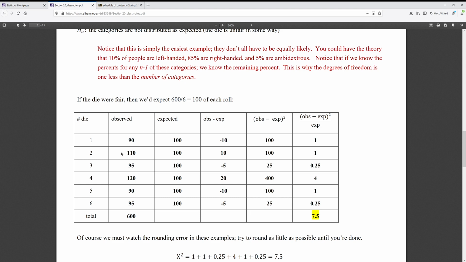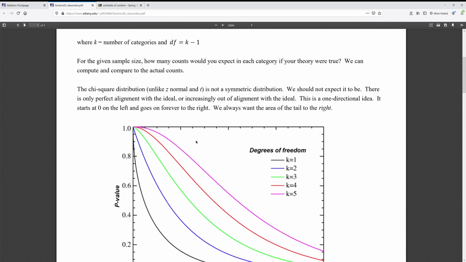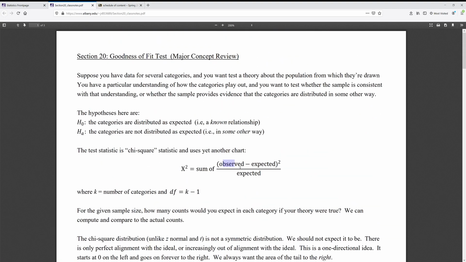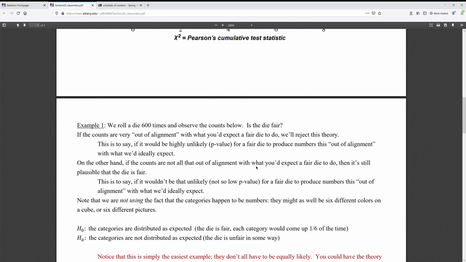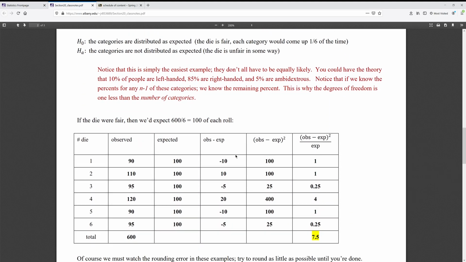If the observed and expected counts are in context not that different from one another, then it's still plausible that the die is fair. So we'll run the numbers using the formula that we've talked about. Now this can be a little bit more tedious than some of the other hypothesis tests, but what the heck, it's all online now.